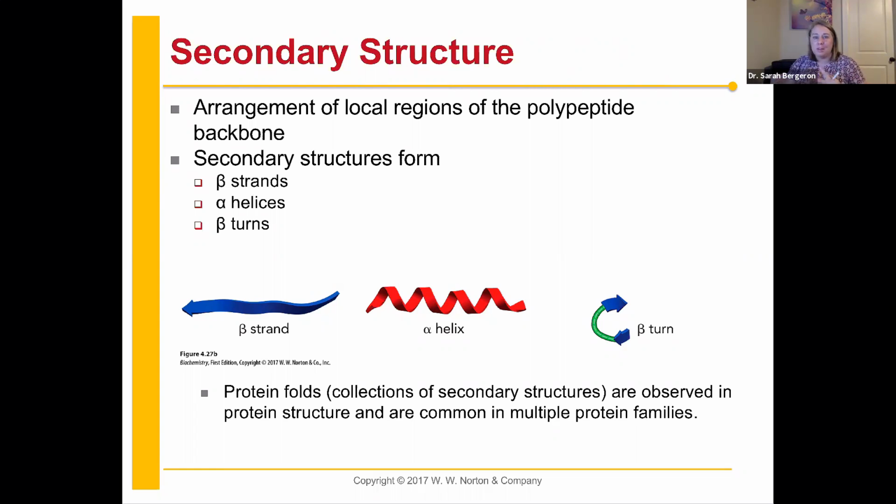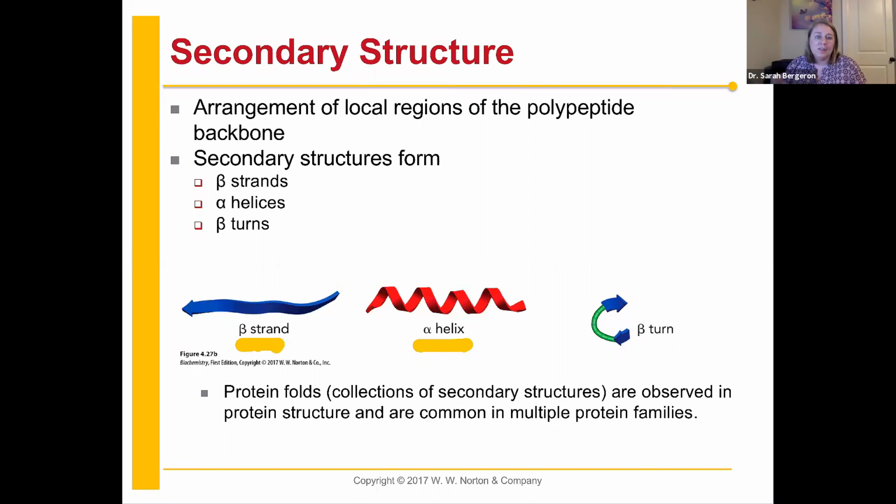And so we represent the 3 different secondary structures as beta strands. So what you see here is a ribbon diagram, right? And so the ribbon diagram is generated basically from X-ray crystallography and NMR data. And then we see alpha helices.